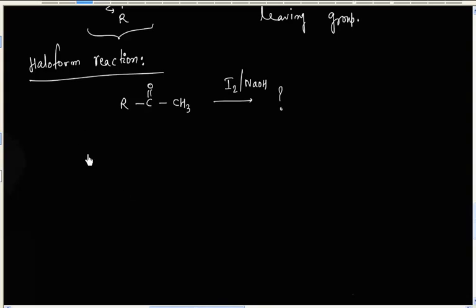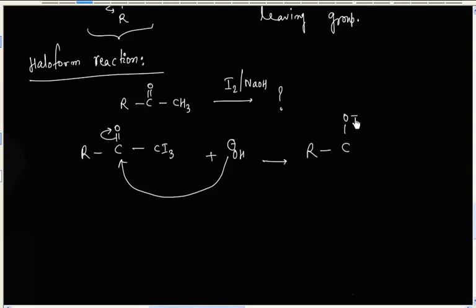So we are writing a short mechanism. I2 and NaOH react with this molecule to form CI3. In the next step, OH minus adds on carbon to give nucleophilic addition. So this is the addition step.